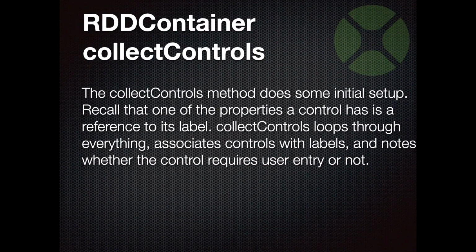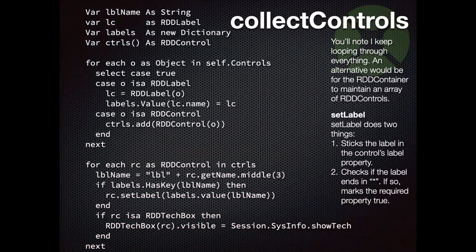All right. The collect controls method in the RDD container does a bunch of nifty things. Is that readable? Okay, good. What it's trying to do here is loop first through all the controls, and if it's a label, we stick it into a little dictionary.